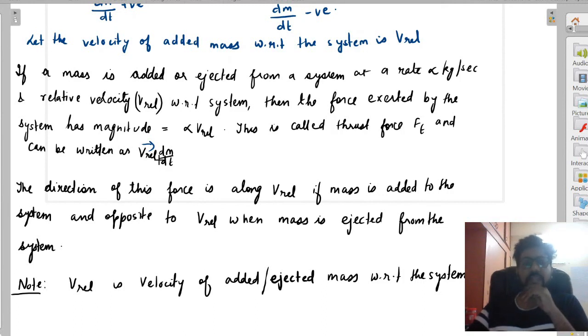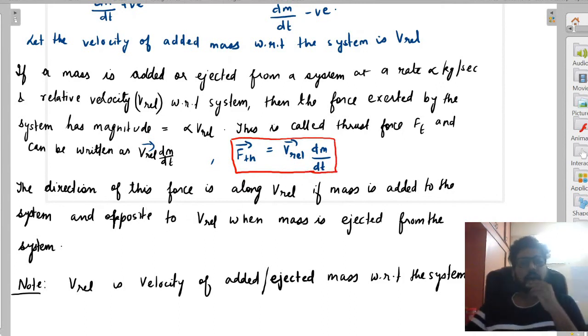So it will be in the direction opposite to v relative. So again I will write here F thrust is given by v relative dm by dt. So F thrust is equal to v relative dm by dt.